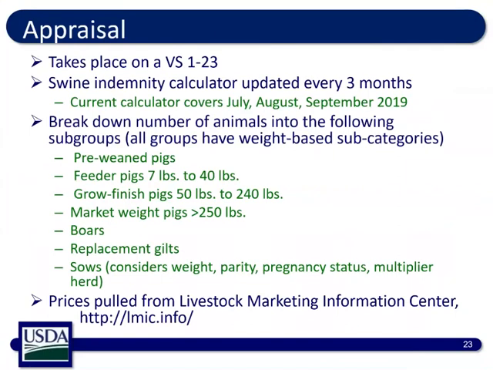There are also separate calculations for boars, replacement gilts, and sows, and the sow calculations also take into account weight, what their parity is, if they're pregnant or open, and multiplier animals would be a little bit more valuable, obviously, than sows on a typical sow farm.